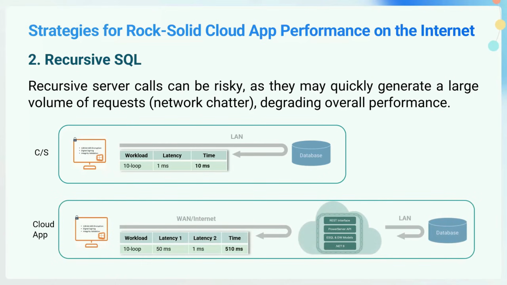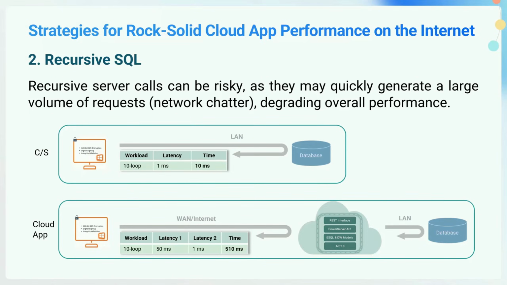Now, if we analyze the same workload in a PowerServer app, we need to consider two latency segments: client to web API plus web API to database. Using average values, the latency from client to web API might be around 50 milliseconds, and the web API to database latency about 1 millisecond. So, across 10 loops, the total time is about 510 milliseconds.